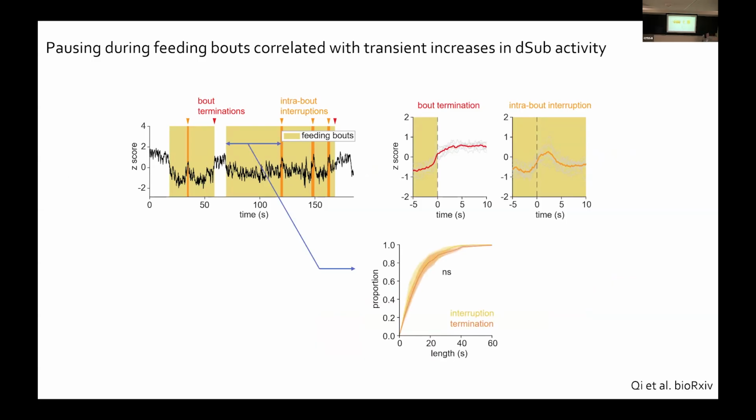We can look at the distribution of these interruption intervals. So all of these yellow periods here that are bookended by either the boundaries of the bout or these interruption events. And if we take intervals that led to an interruption versus intervals that led to a termination, they followed the same distribution.